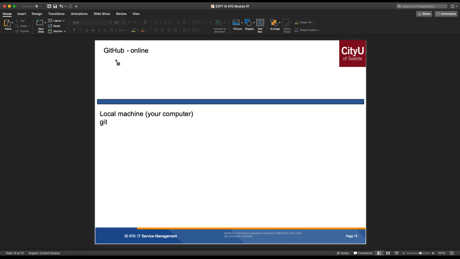So the first thing that would happen is we have an IS 470 repository, something like fall 2020, I believe, right? And then we copy the URL. On our machine, in the terminal, we first use the command git clone, in small case.